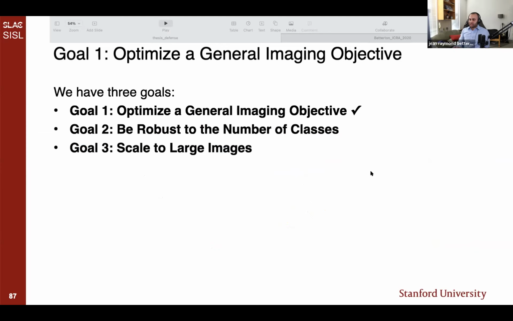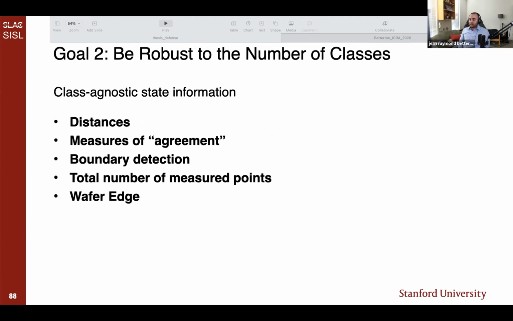All right, so same strategy for optimizing a general imaging objective. But now how are we robust to the number of classes? Here, the trick is that we want to use class-agnostic state information. Like I said, there are lots of things that we can use to form the state, but this is a high-level idea of what we're doing. We can compute distances between points. We can compute measures of agreement, which is an idea for, in a region, how many of the measured points have the same class.